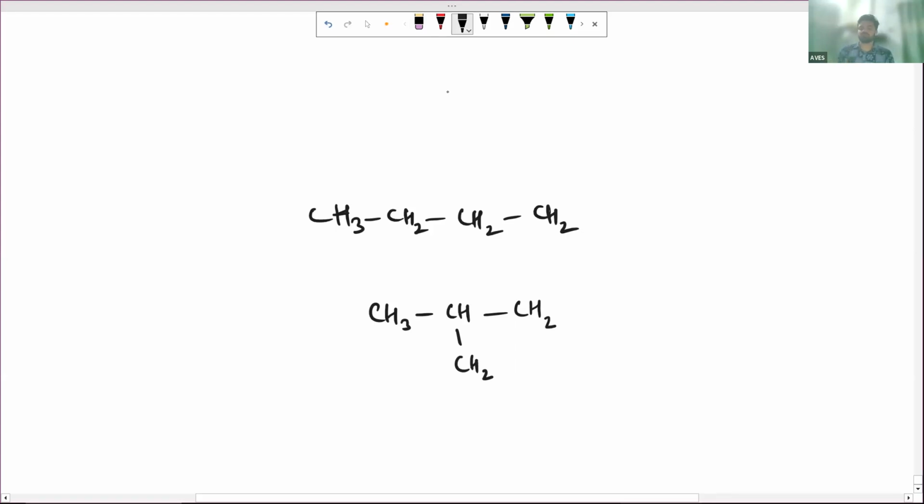So this is secondary butyl. The main carbon is attached with this. No, this is tertiary butyl. Secondary butyl is this one.